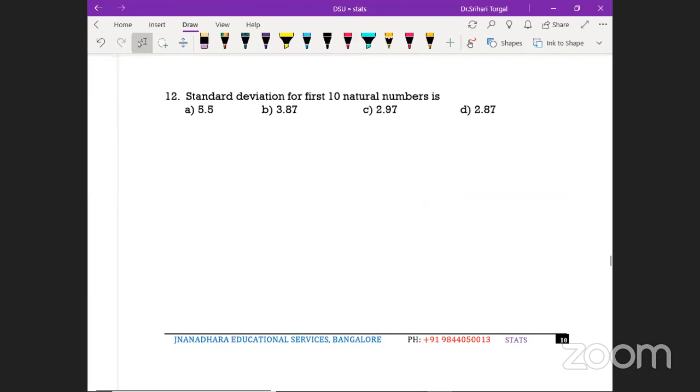Question number 10. Standard deviation of the first n natural numbers.